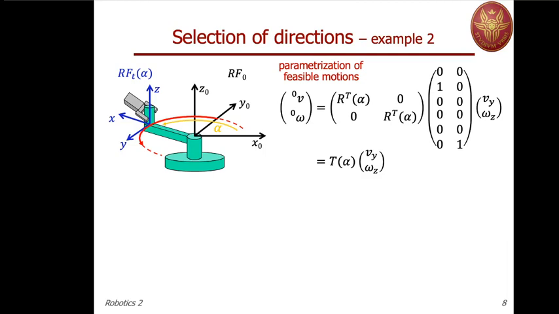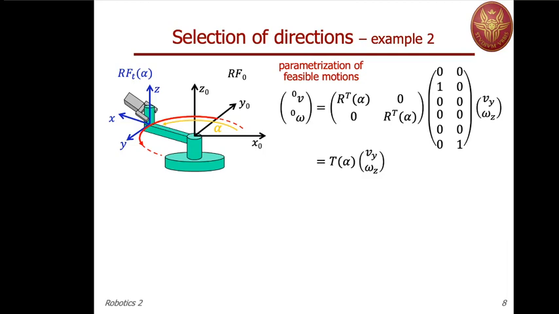So if we write things in the zero frame, so in the absolute frame, a linear velocity and an angular velocity as expressed in this frame, we will have that the selection is being made in the task frame, so we can only have a linear velocity along the y direction and angular velocity around the z direction. So you can see the second matrix with zeros and 1, multiplying the two parameters dy and omega z, which, as I said, parameterize the only feasible motion at the contact.